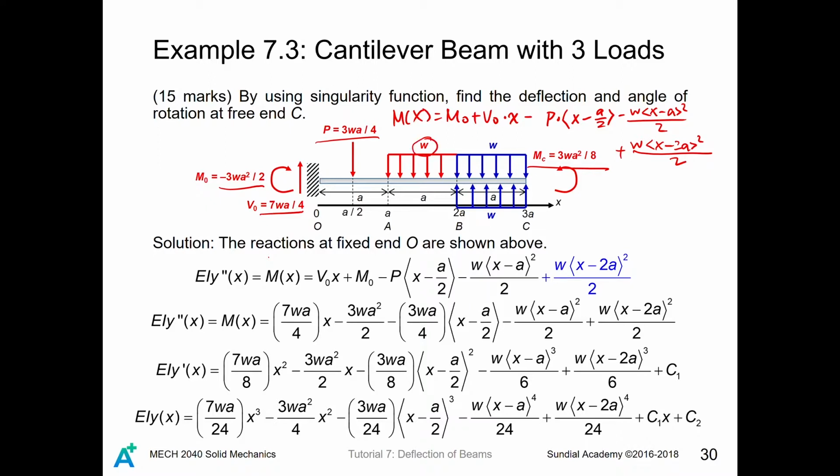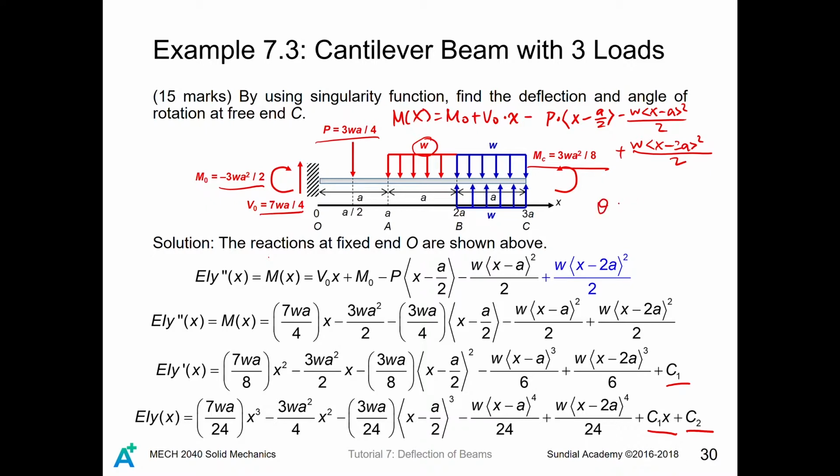So we put everything into this equation and we integrate it twice, and we now get C1 and C2, okay? So as what we mentioned, integrating the singularity function is just like integrating a normal polynomial, so it will be okay.